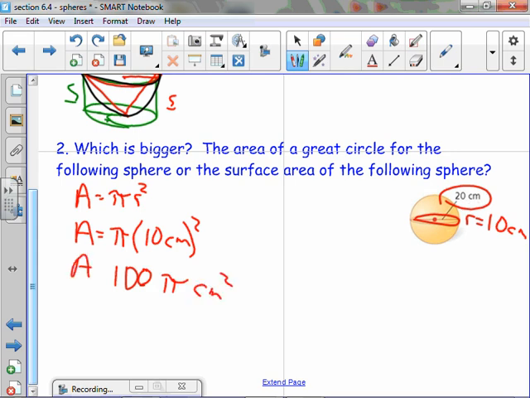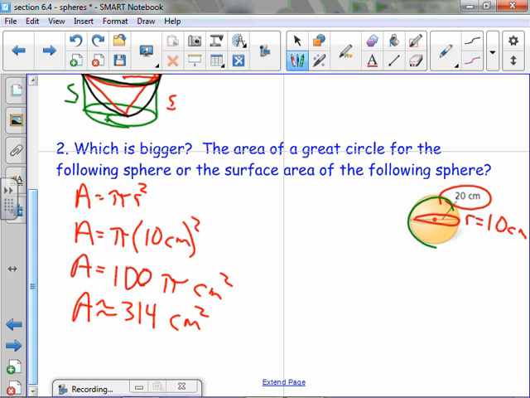So that's my area. Area equals 100 pi centimeters squared. So, to do approximate, I will multiply this by 3.14. Area is approximately 314 centimeters squared.